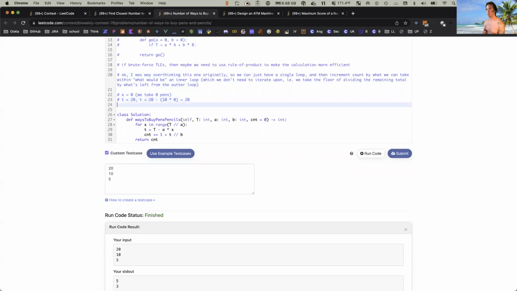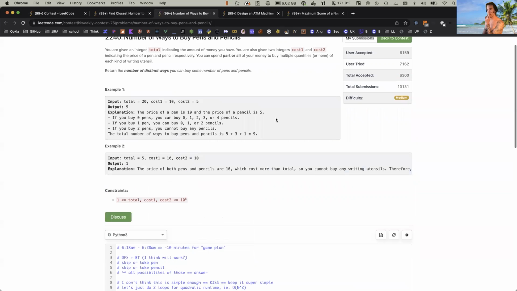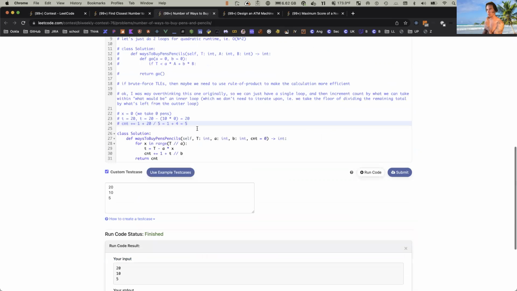Count plus equals 1 plus 20 divided by 5, equals 1 plus 4 equals 5, which is right. I get 5 pencils with 0 pens.